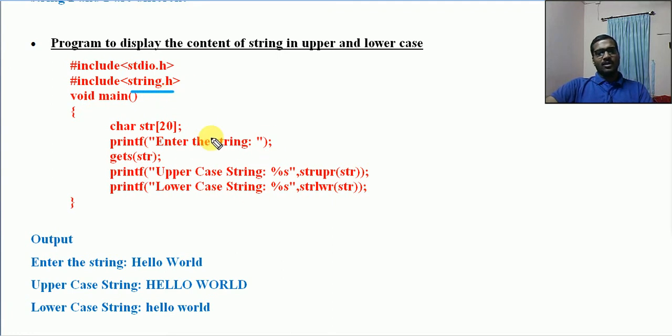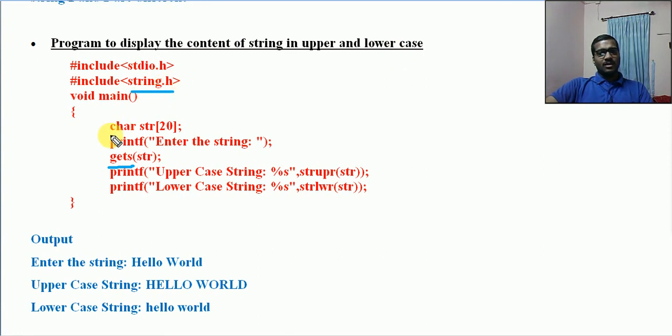Whichever program uses any of these string handling functions, we need to use string.h. gets does not require string.h. gets is in stdio.h, puts is in stdio.h, but these functions strlen, strcmp, strcpy, strcat, strupr, strlwr, all these are part of string.h.